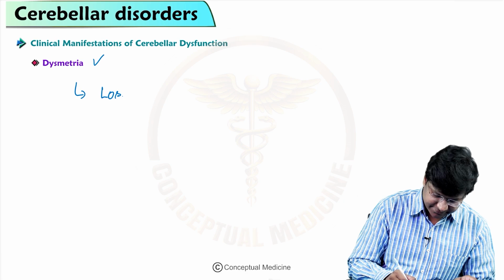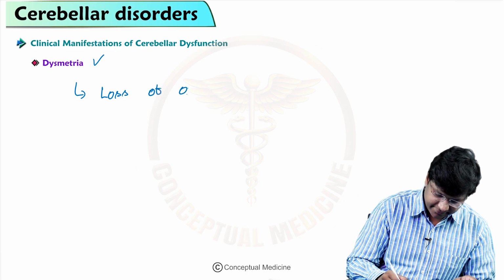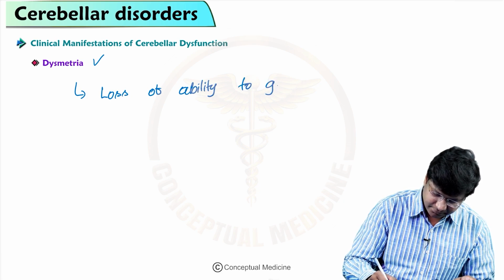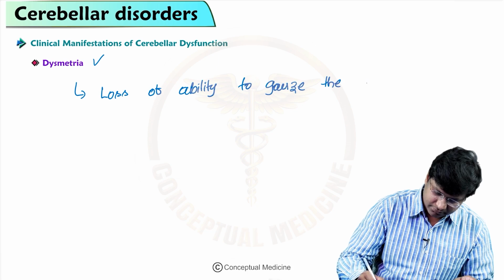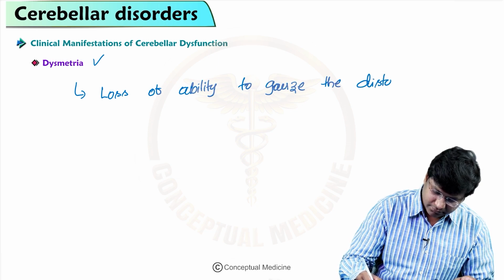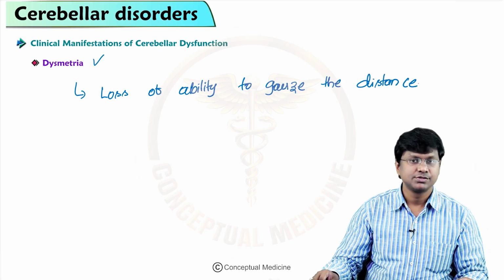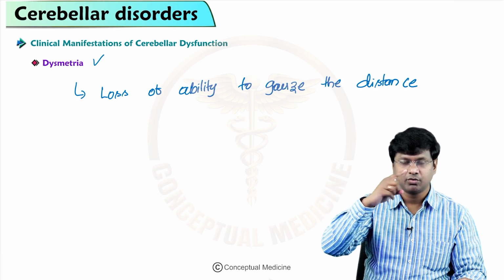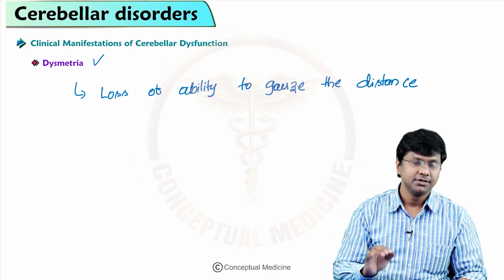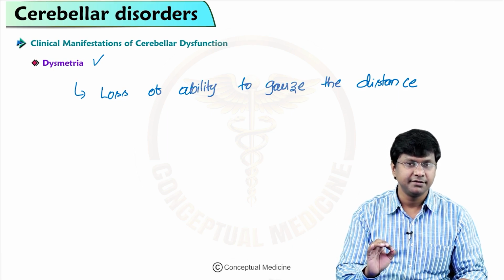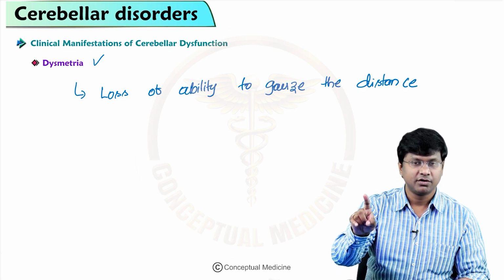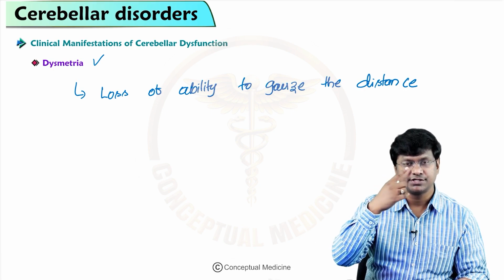How do you test the loss of ability to gauge the distance? We test by the finger nose movement, wherein the patient has to touch the finger of the examiner and then touch his nose.